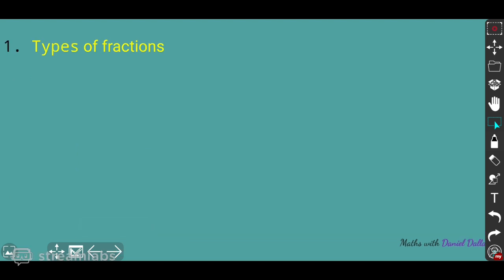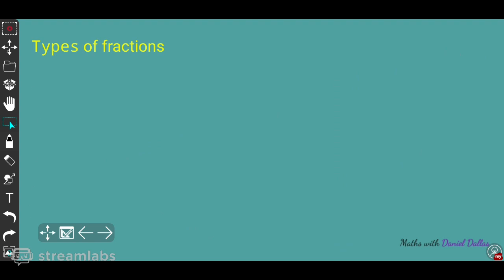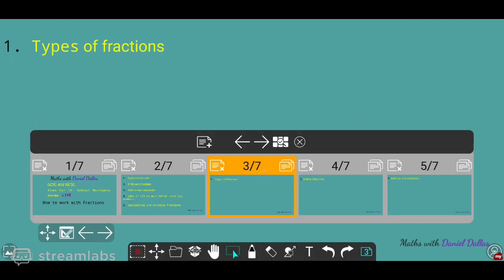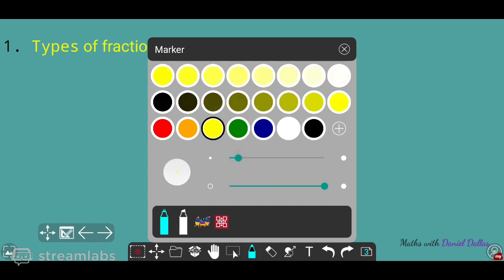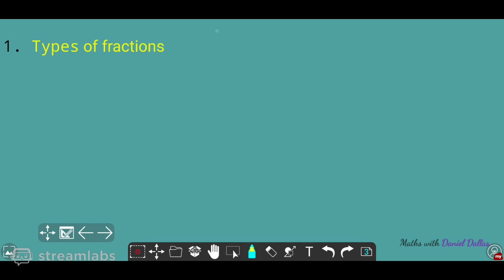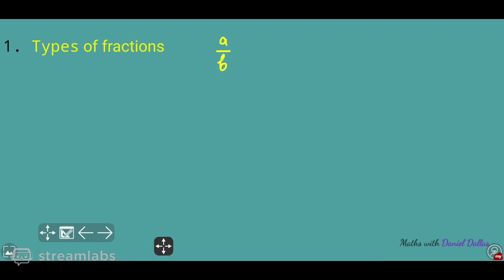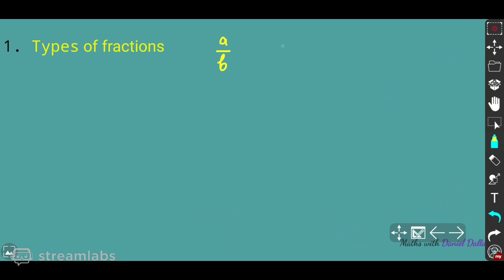Okay, so types of fractions. First of all, I just copy that and we start. The main idea of the fraction is division. We can consider a fraction as simply a division of 2 numbers, a over b, where a and b are primarily integers or whole numbers, but they might be positive, they might be negative.